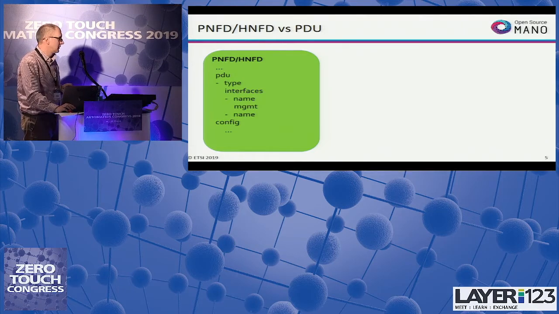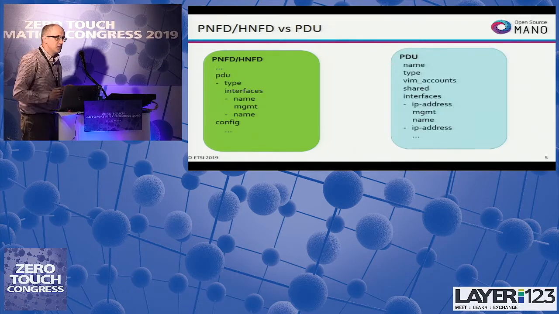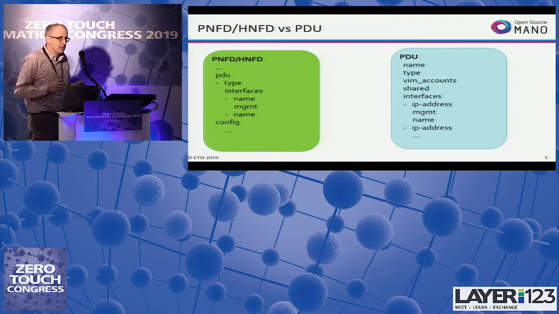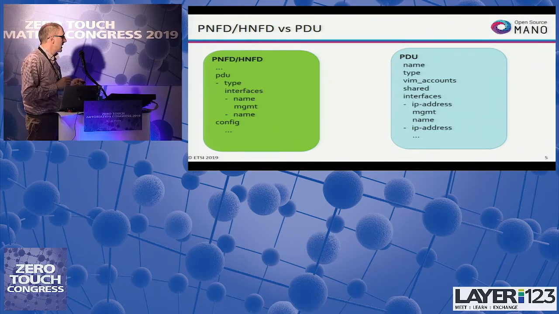On the other hand, you need to feed OSM with the physical deployment units. You need to say that the physical deployment units we have in the system are these. You need to provide the VIM account, which can be one or several, where the physical deployment unit is located. The type is important because it needs to match the type of the descriptor. It can be shared or not, and the interfaces.